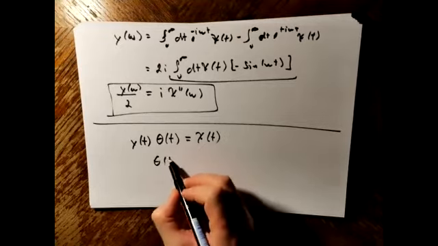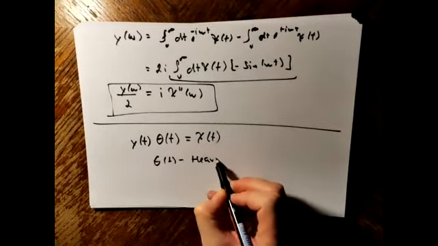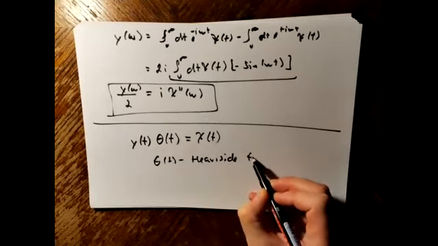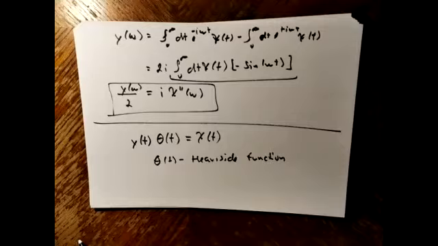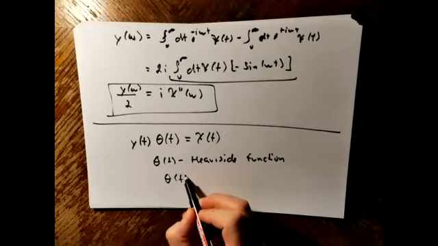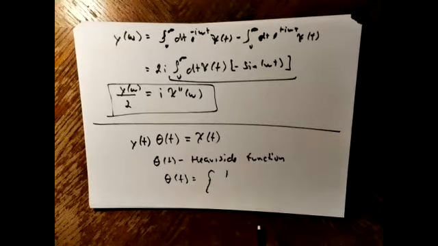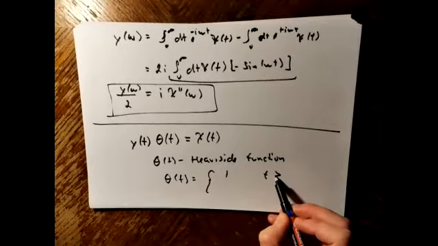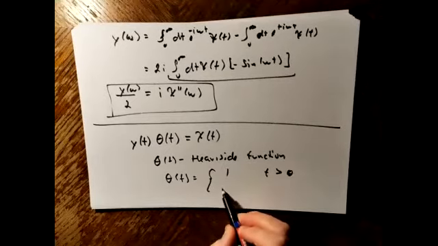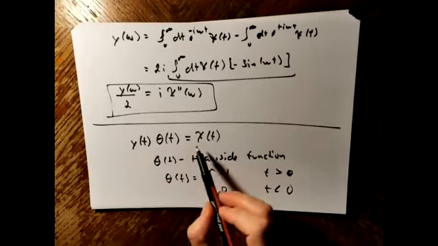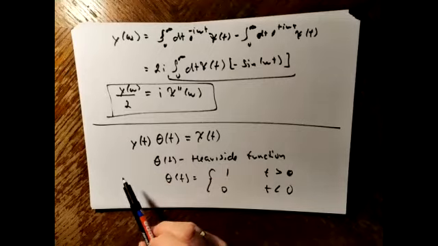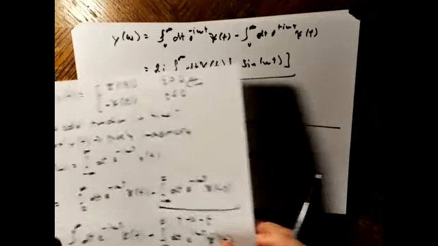Well, theta of t is the so-called Heaviside function. So theta of t is the Heaviside function, and theta of t is actually 1 if t is greater than 0, and 0 if t is smaller than 0. So that's how it's defined. And obviously, this gives me the right response function. So this is how I define my y of t.